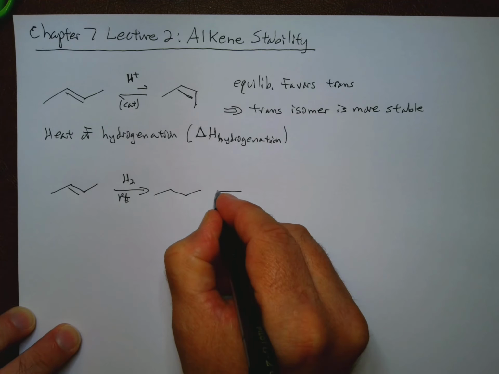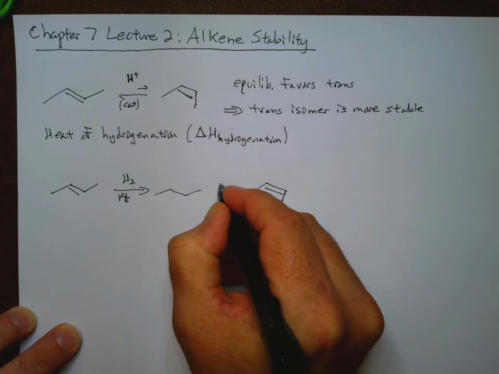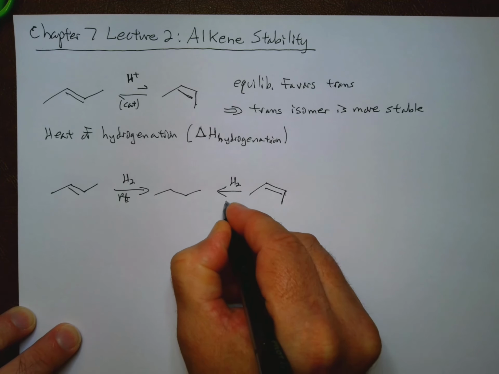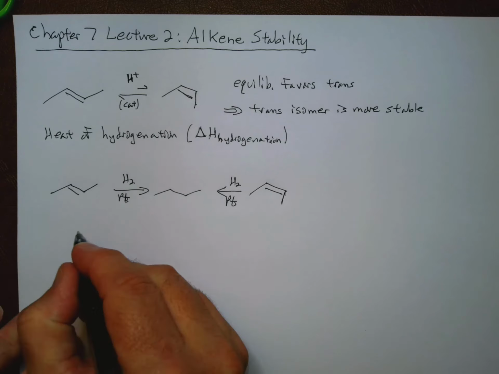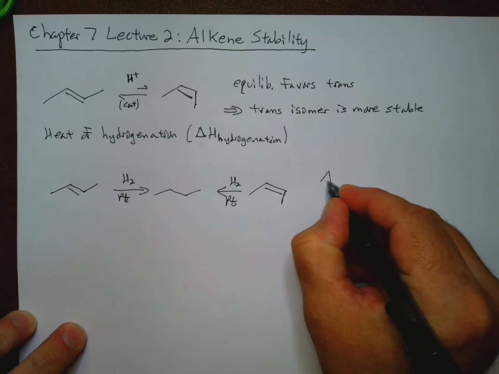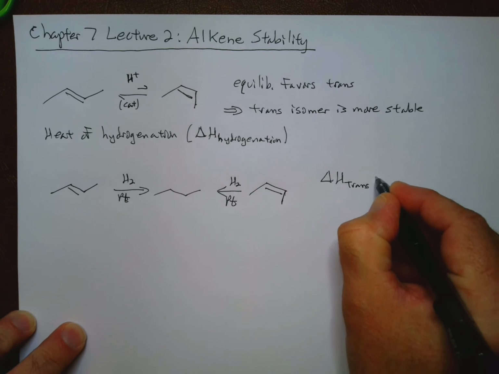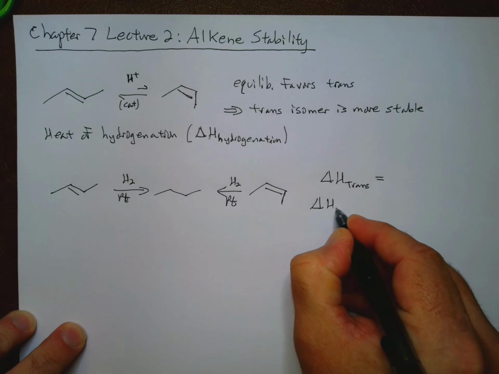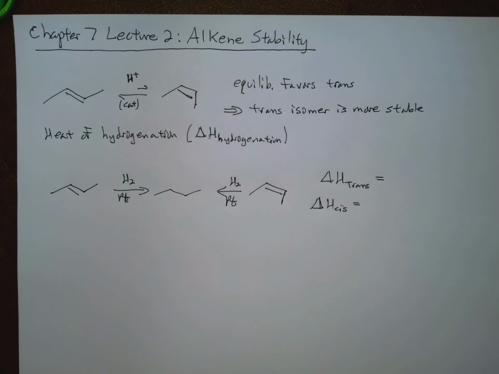Now, it turns out that we could do the same thing with the cis 2-butene, and we get the same product. So we can look at delta H for this reaction, and we would see that our delta H for trans and our delta H for cis are just a little bit different.